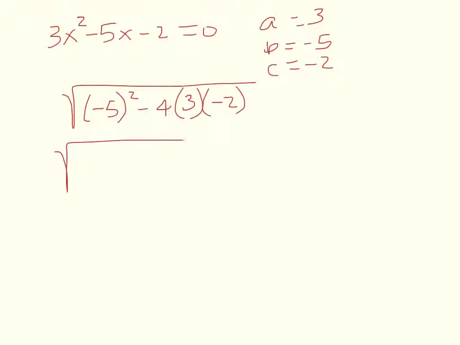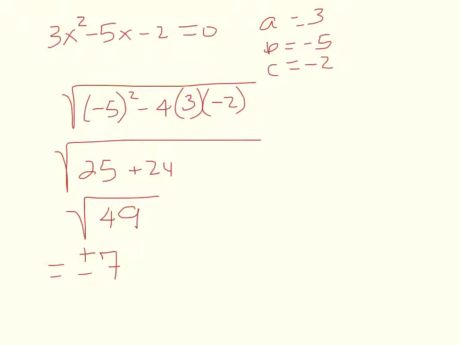So I have the square root of 25. I have 12. 4 times 3 is 12, times negative 2 is negative 24. So minus negative 24 gives me plus 24. I add these together and I get the square root of 49. And so my answer would be plus or minus 7. So I have two real roots.